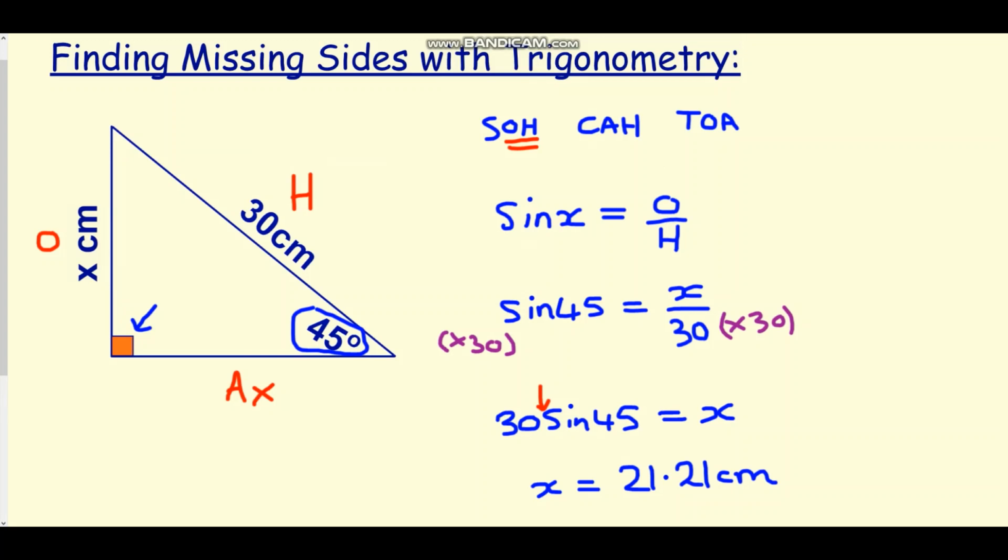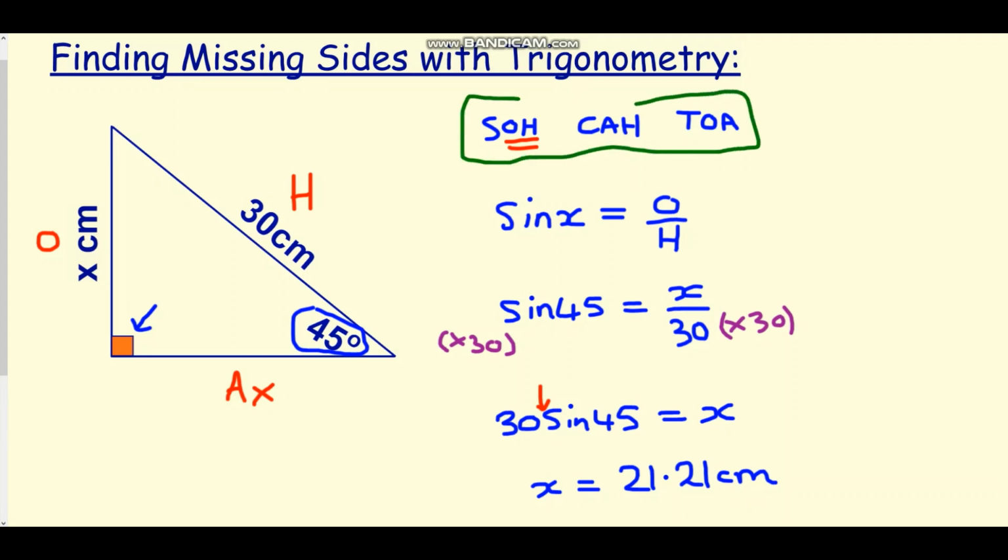Okay, what I'd like you to do now is the first activity that I'm leaving on your Teams. Now what that is, it's not calculating missing side lengths with trigonometry. All you're doing is deciding, am I using sine x, tan x, or cos x? And to do that, you have to use SOHCAHTOA.